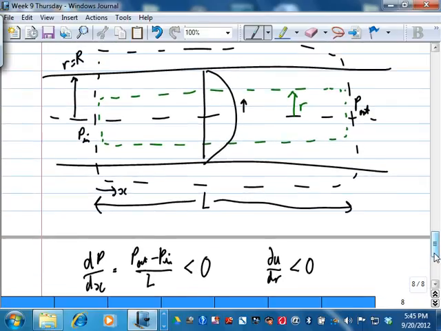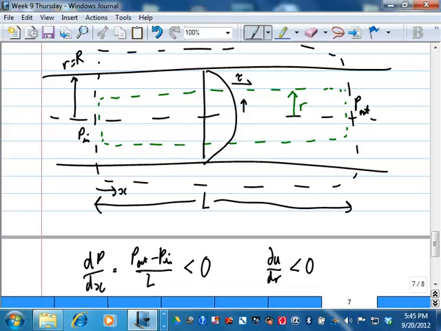Now it depends how you draw the shear stress. I know already the shear stress is going the other way, but I draw it like this. You have to be careful of your sign direction so you don't get messed up.